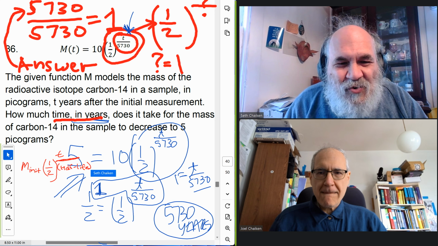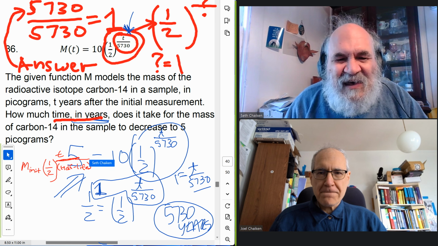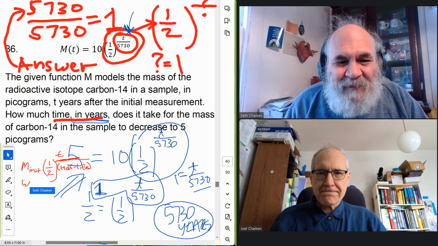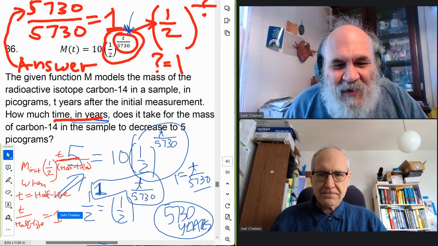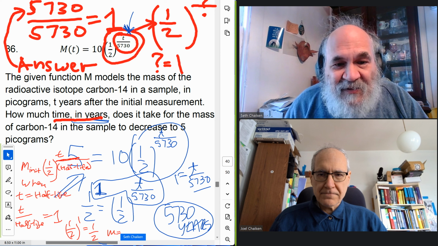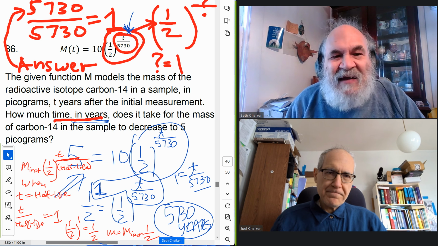And the cool thing about it is that when t equals the half-life, then the exponent t over the half-life equals 1. 1/2 to the 1 equals 1/2, and m is equal to the initial times 1/2. So this is the pattern.